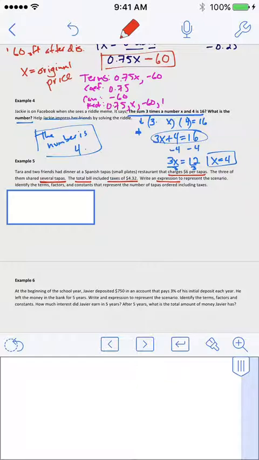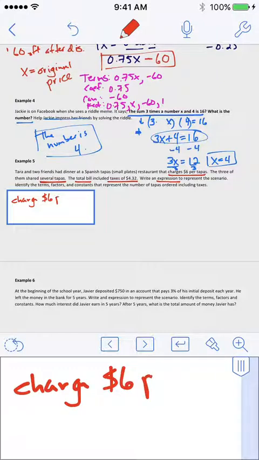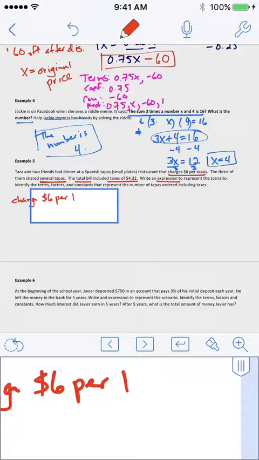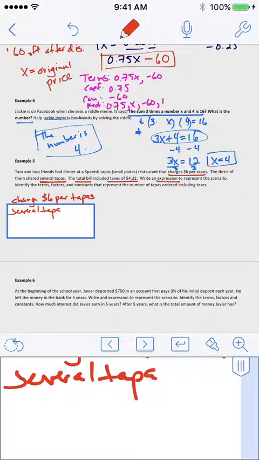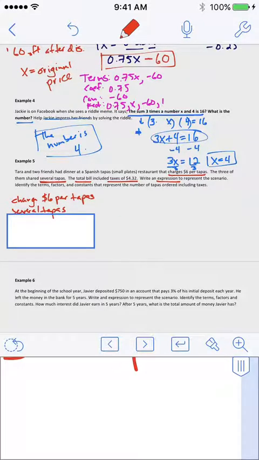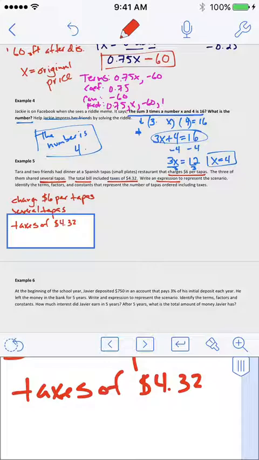Okay, so let's start with writing down important information. They charge $6 per tapas. There were several. And then the total bill also had taxes of $4.32.